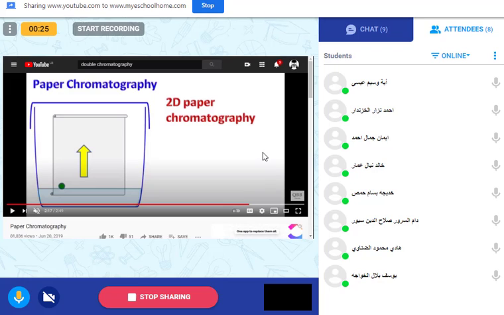How can we separate them? What can we do here? So I will tell Ahmed that I will do it now on the other side with a different solvent, so that the solvent will dissolve this isomer but not the other one.